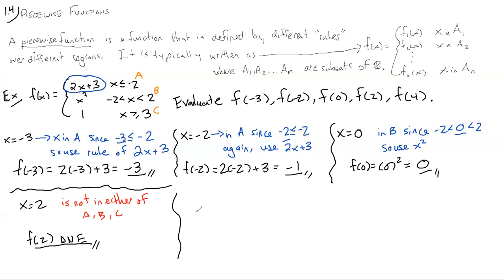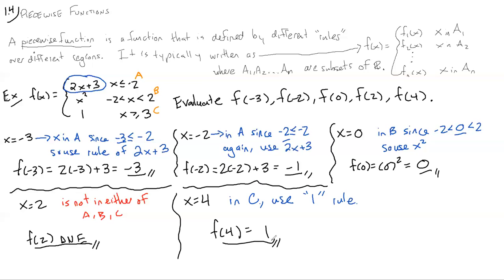And then finally, f of 4. This one occurs in C, so we're going to use the 1 rule. This one tends to kind of trip people at first, but it's actually pretty straightforward. f of 4 equals, it's actually just 1.